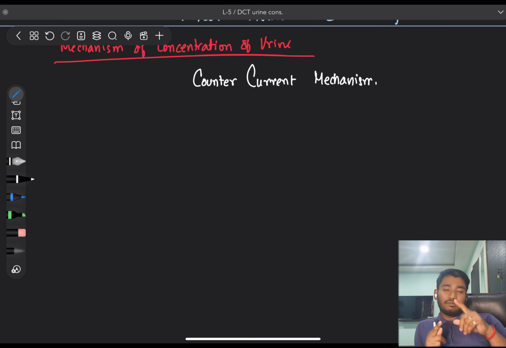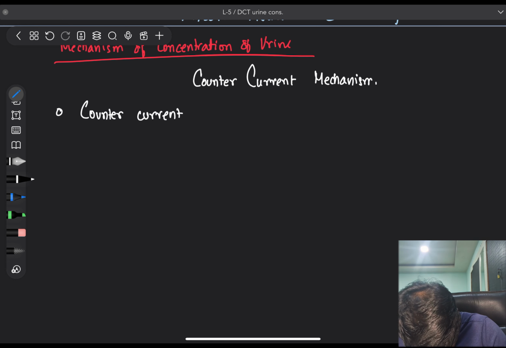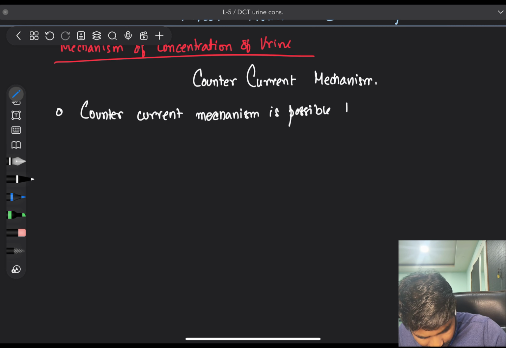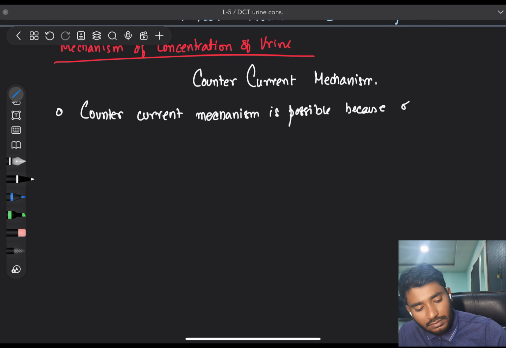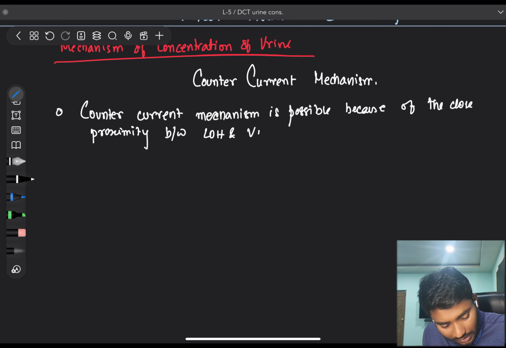So you can write: the counter current mechanism is possible because of the close proximity between the LOH and vasa recta.